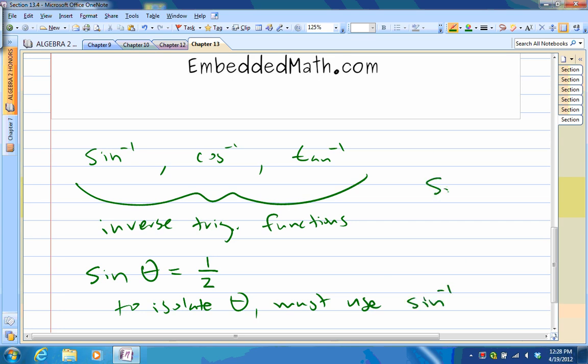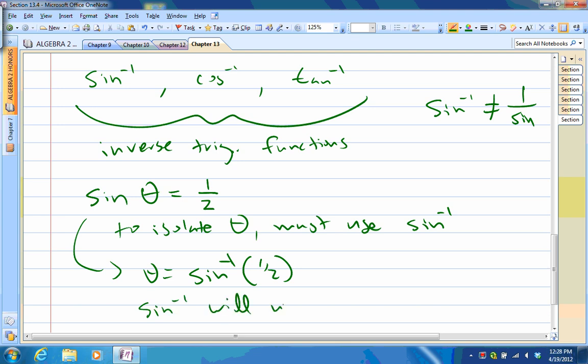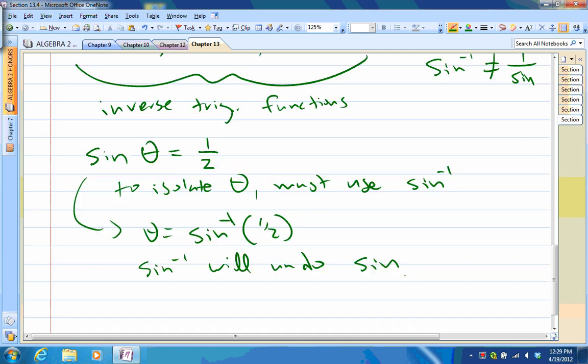And by the way, sine -1 is not 1/sine. Instead, what you would say is theta equals inverse sine of 1/2. So basically, inverse sine will undo sine.